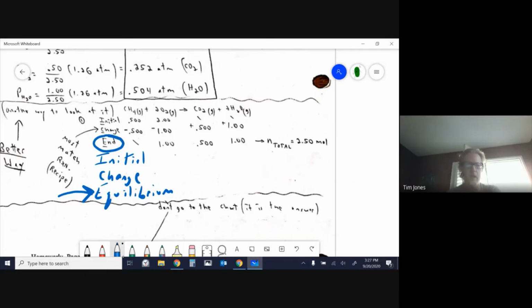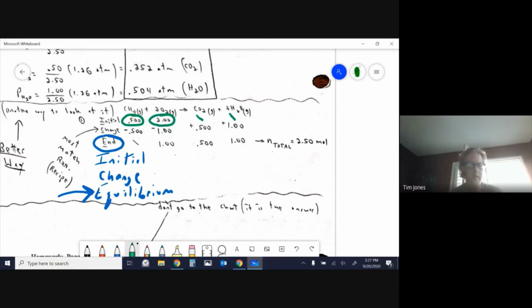It's any time you have a reaction occurring and the amounts of chemicals are changing, whether it be in moles or molarity or whatever the case is. So in this case, they gave us the initial CH4, the initial O2. They didn't mention CO2 and water, so you just assume those don't even exist yet.